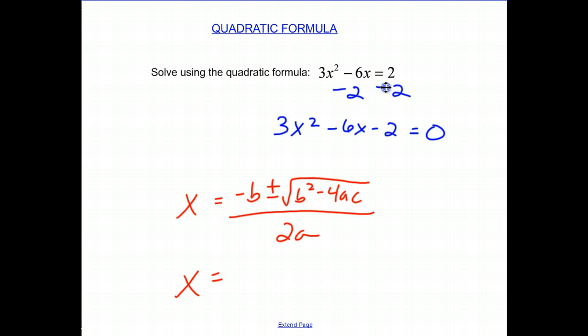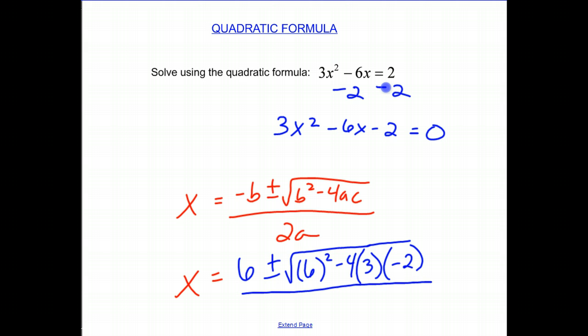B is negative 6, so a negative b in this case is going to be a positive 6. So we have a negative negative 6, which creates a positive. B squared, so 6 squared, minus 4, a is 3, and c is negative 2. It's important to be careful with those signs, okay? Keep those straight. 2 times 3 over 2a in the bottom.